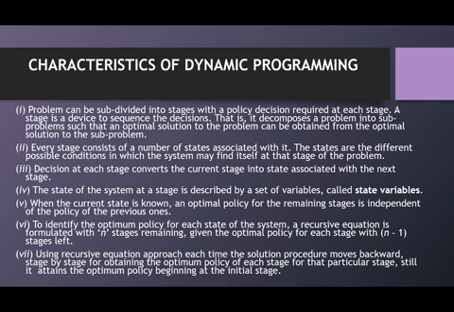So what does it mean? The first characteristic says, if you have a problem in dynamic programming, we should be able to divide it into n parts, and there should be a policy to solve one part or the first part.